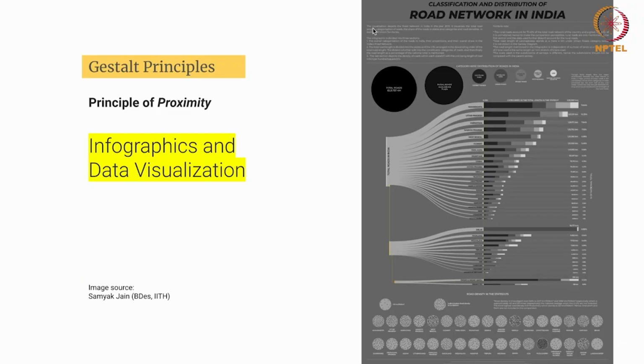Here the title of this infographic and the overall brief about the information have been placed in the upper segment, and this portion where you see the circles is a set of representation, so you will automatically group this in one segment. This helps you address how we perceive in terms of proximity.